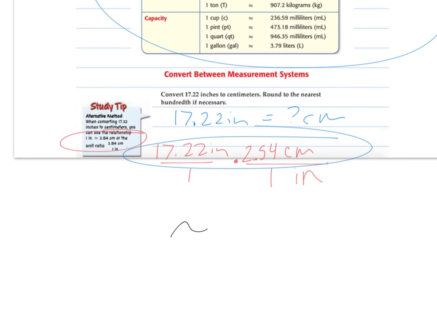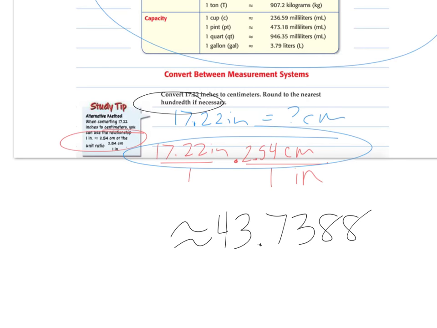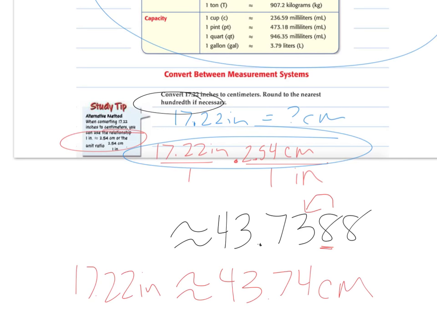And I get approximately 43.7388 10,000ths. My directions say round to the hundredths. So I look to the thousandths, 5 or more, raise the score. So 17 and 22 hundredths of an inch is equal to 43.74 centimeters.